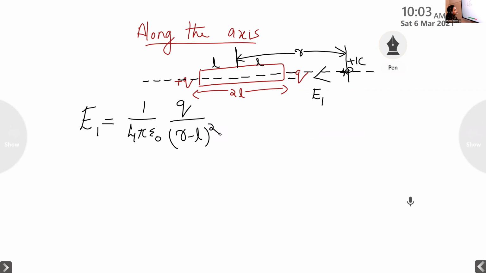Is there any doubt in that step? How are we taking the distance? Ma'am, can you repeat it? Yes. Here we are taking the distance of separation between the charges.